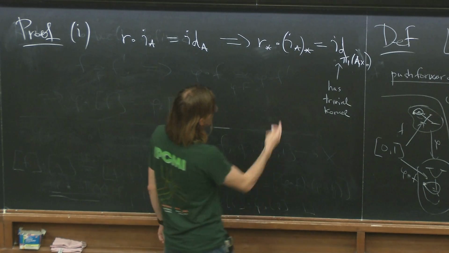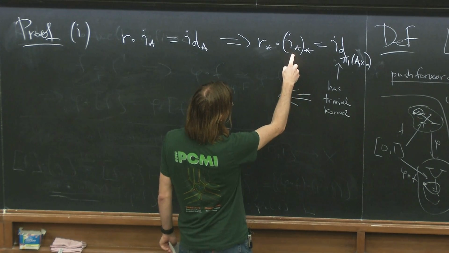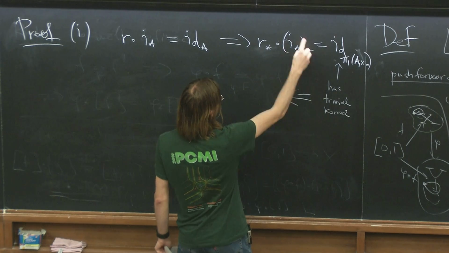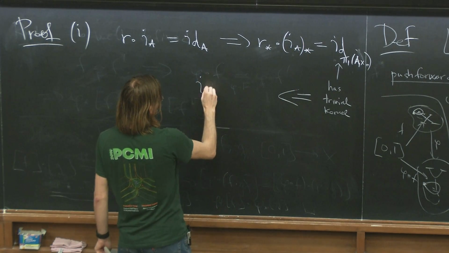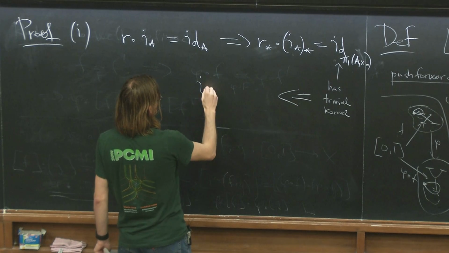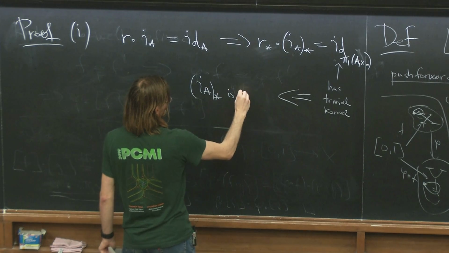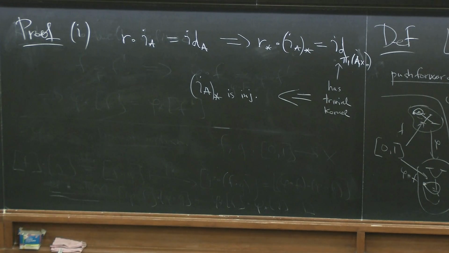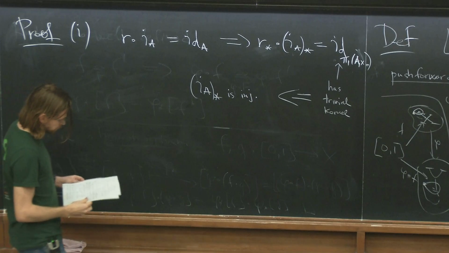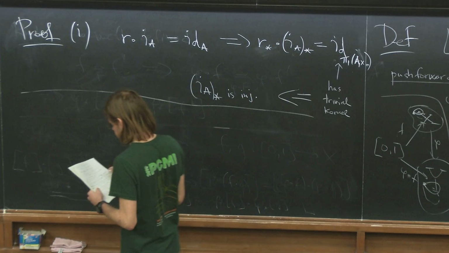It follows that this homomorphism should also have a trivial kernel, which means that it is injective. So this was easy.